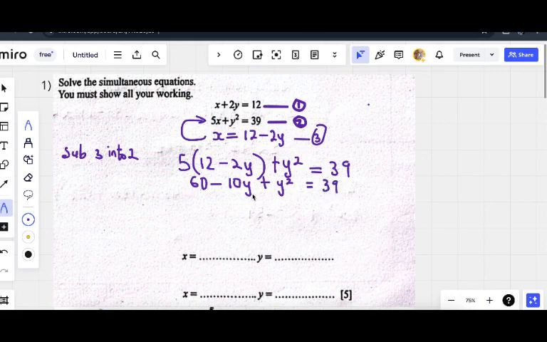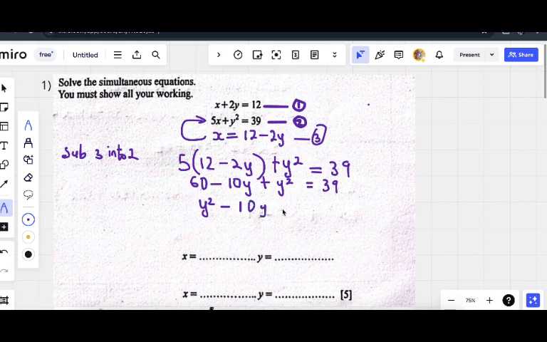Okay, now we collect like terms. First of all, because y squared is the highest power of y, we write it first. We write y squared, and then minus 10y, the normal way of writing a quadratic equation.